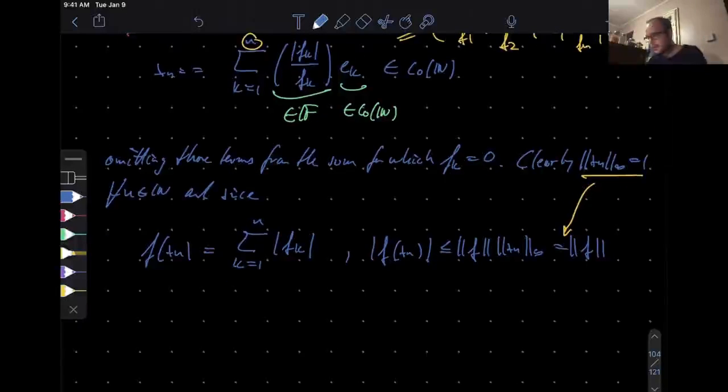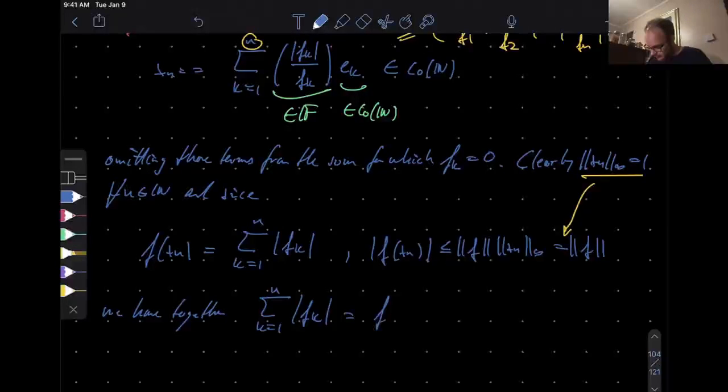All right, so you have this combined together, the sum from k=1 to n, so you combine the equality with the inequality, so this would be equal to f(x_n), but since the left-hand side is a sum of non-negative real numbers, you can artificially put here a complex modulus around it, and then you use the inequality. So this is less than or equal to the operator norm of f.